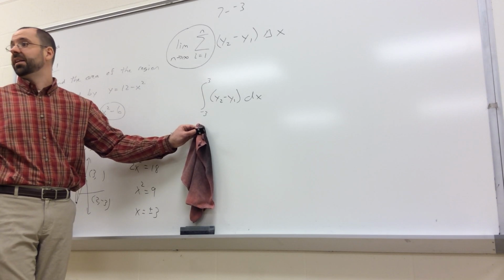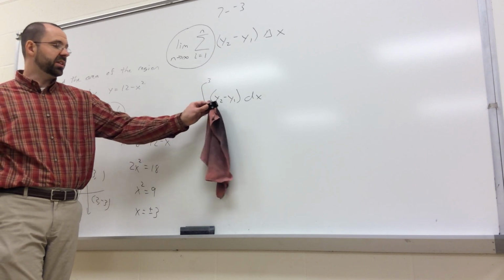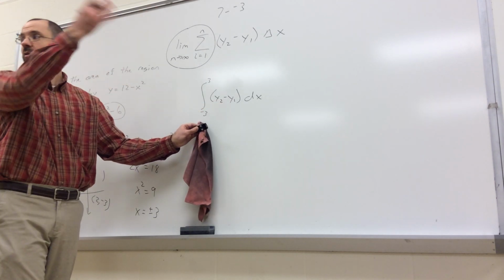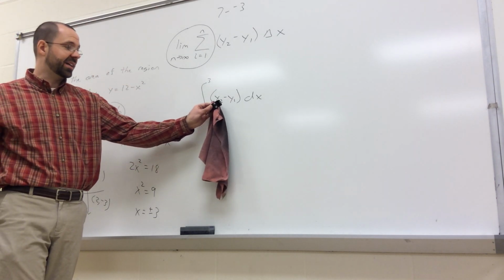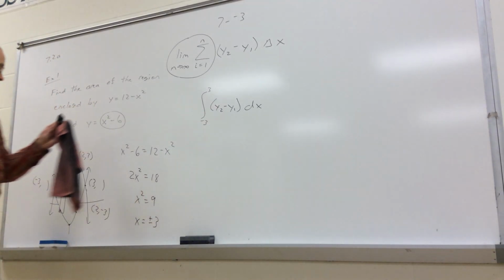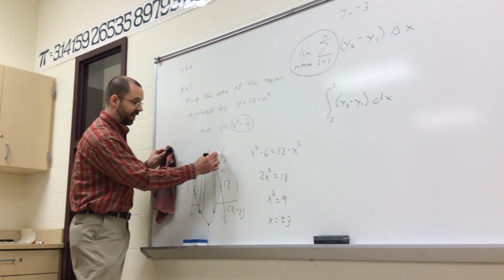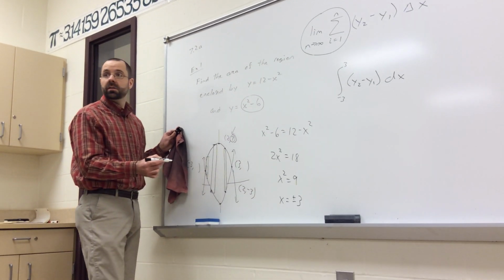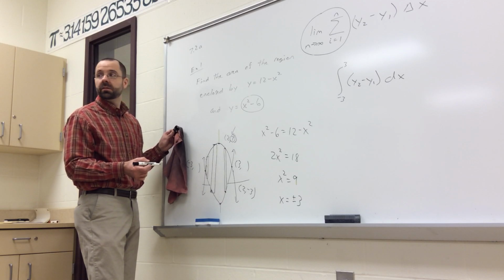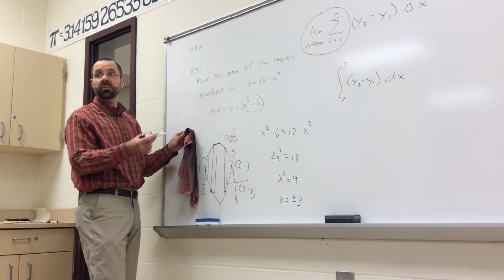Okay, then the last thing I need to do is, I can't really leave this with a y, because everything else is in terms of x. So I'm supposed to have x's here and x's here. So if I wanted to find this y value when x is 2, how would I find it? Plug 2 into the formula, right?